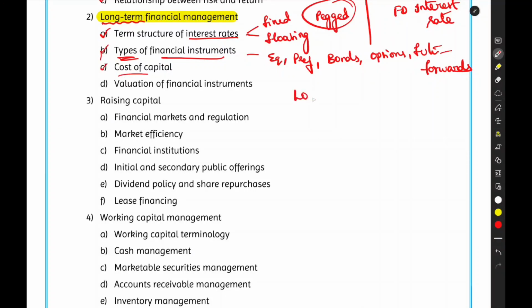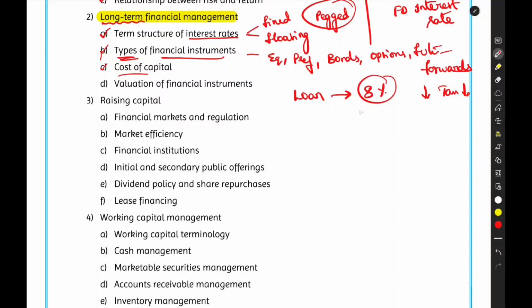If you are getting a loan at a rate of 8% interest, when you pay this interest, your taxable profit will fall, right? Interest is a chargeable expenditure. When you incur that expenditure, your profit comes down, so your tax would also be lower. So even though you are paying 8% interest to a bank, that interest will save you some tax.